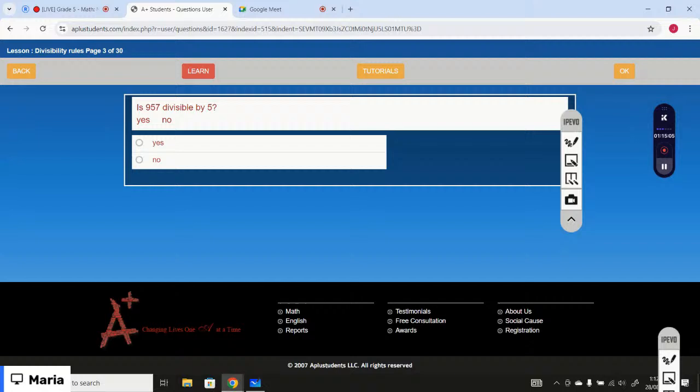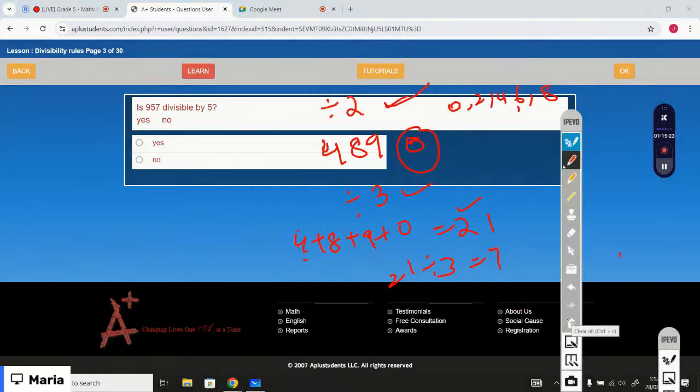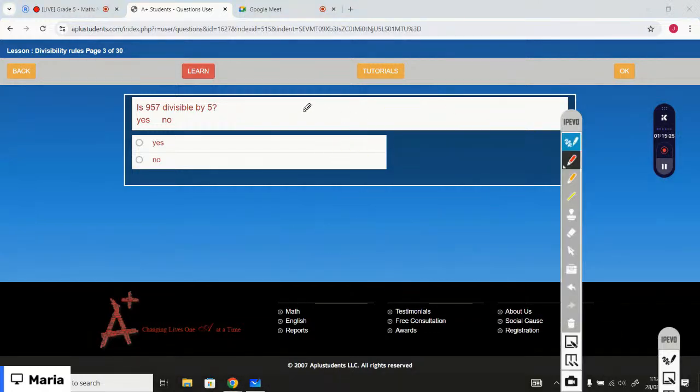Is 957 divisible by 5? So which is the correct option? So you need to learn the divisibility rule for 5, right? The divisibility rule for 5 is the ones digit must be 0 or 5. If the ones digit is 0 or 5, that means the number is divisible by 5.